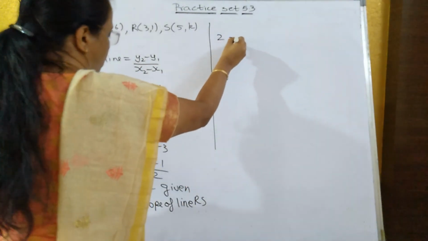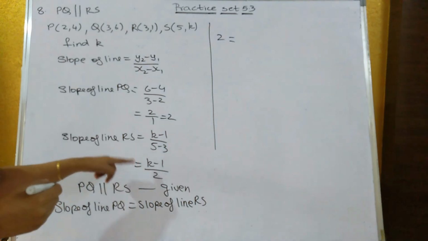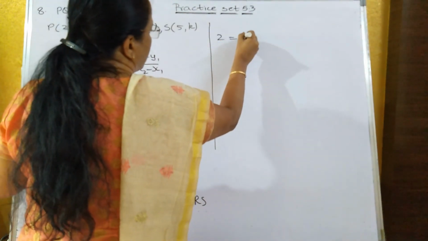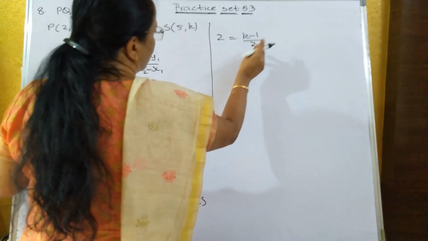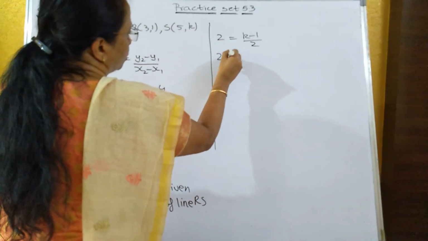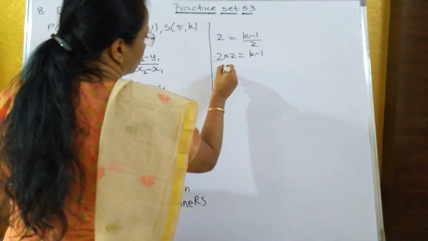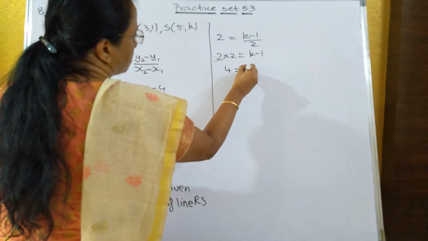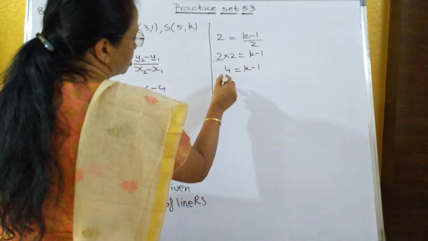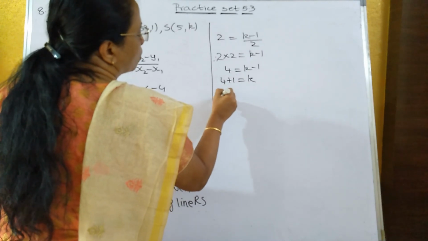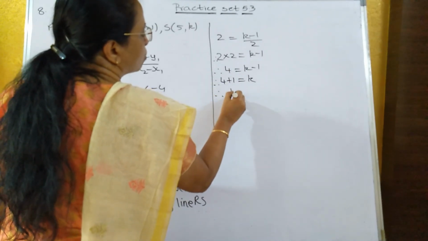So 2 is equal to slope of line RS, K minus 1 upon 2. Take this 2 on this side, so we'll get 2 into 2 is equal to K minus 1. 2 into 2 is 4, so 4 is equal to K minus 1. Bring this minus 1 on this side, you'll get 4 plus 1 is equal to K. Therefore K is equal to 5.